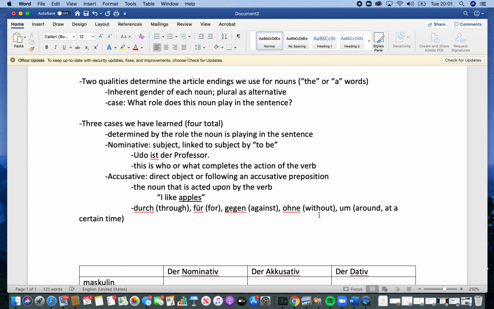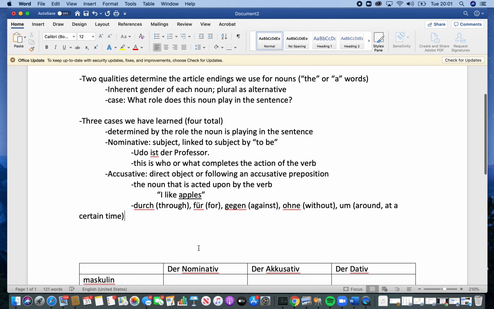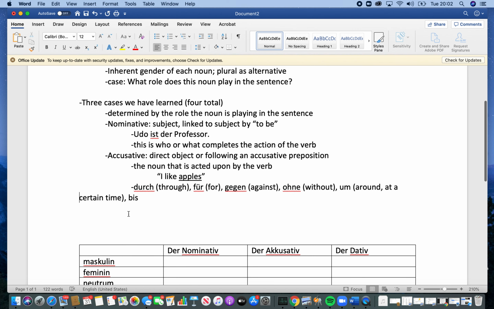Yeah, those are the ones you should remember. The others are used less frequently. I believe bis is also an accusative preposition. So that's when we would use the accusative.